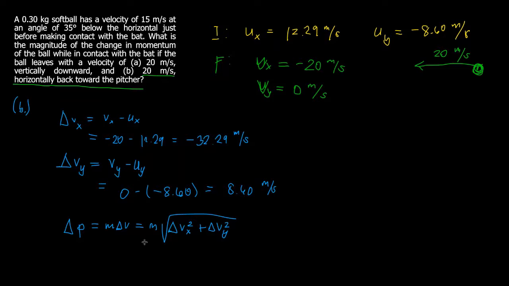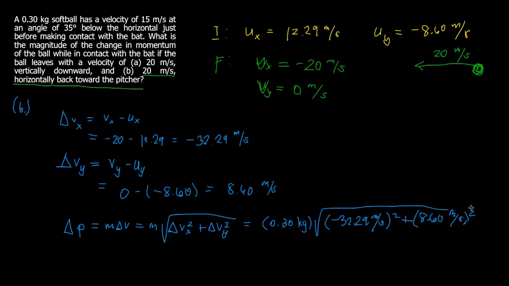Okay, so that is 0.30 times, ano yung v sub x, that is negative 32.29 squared plus 8.60 meters per second quantity squared.